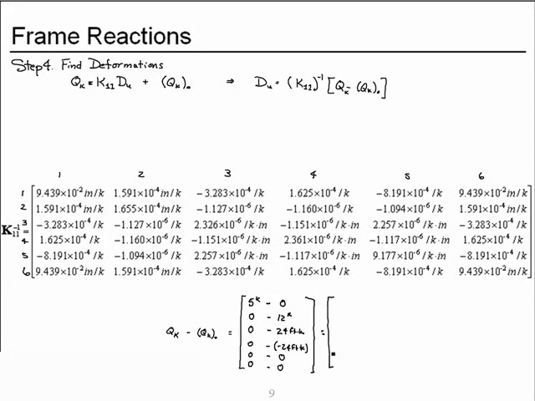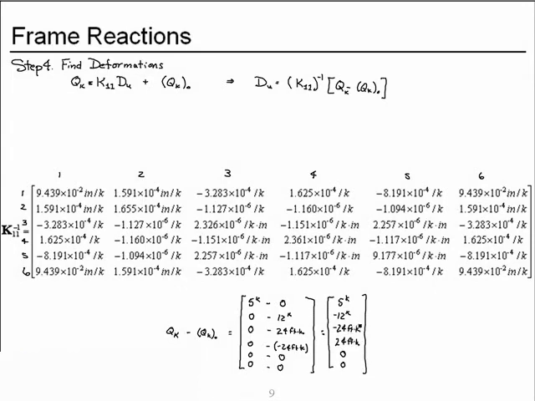When we add all those together, we'll have 5 kips minus 12 kips minus 24 foot kips, a positive 24 foot kips, 0, and 0.